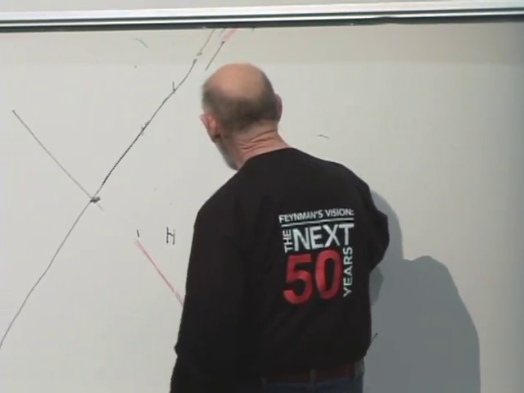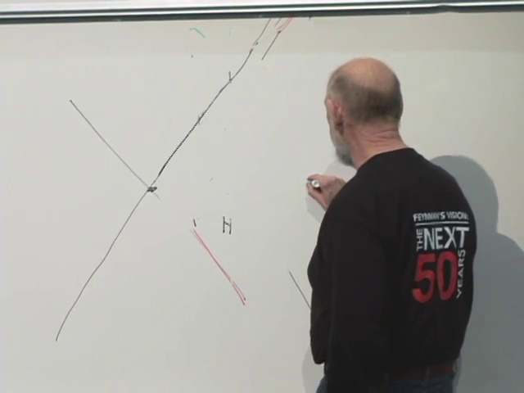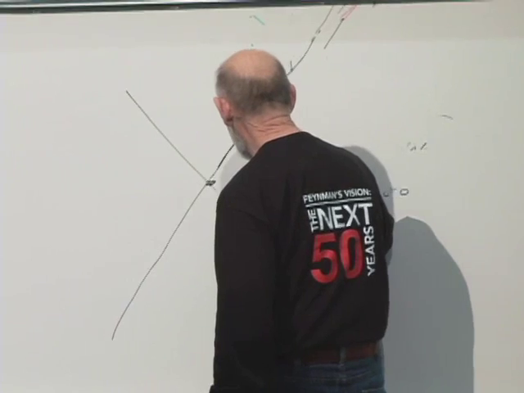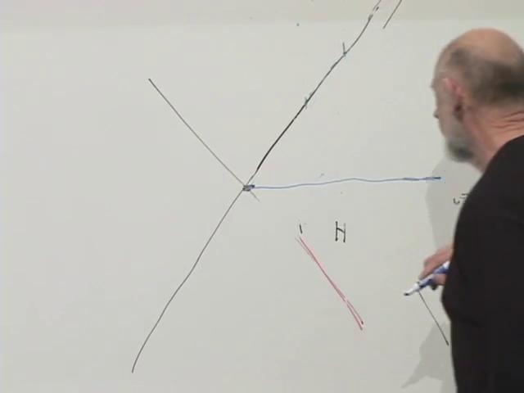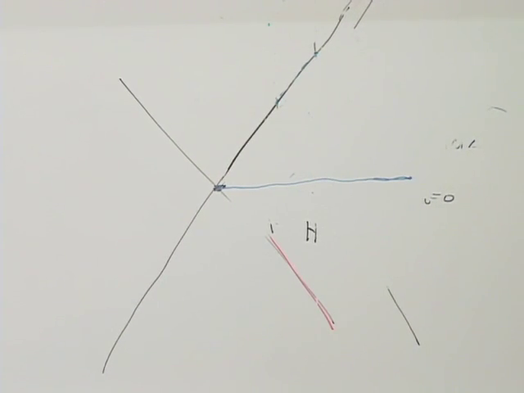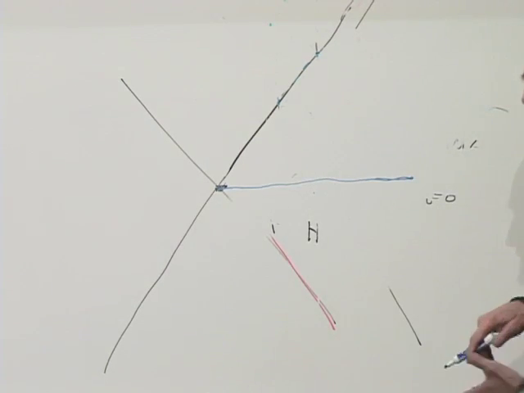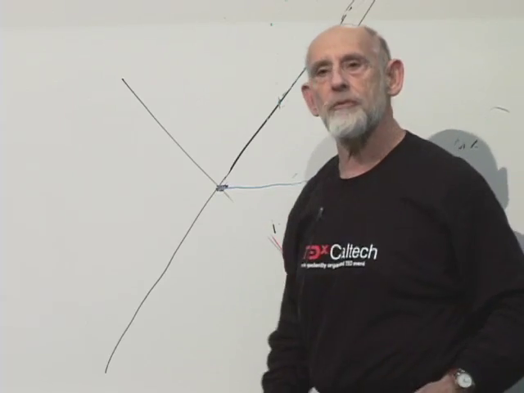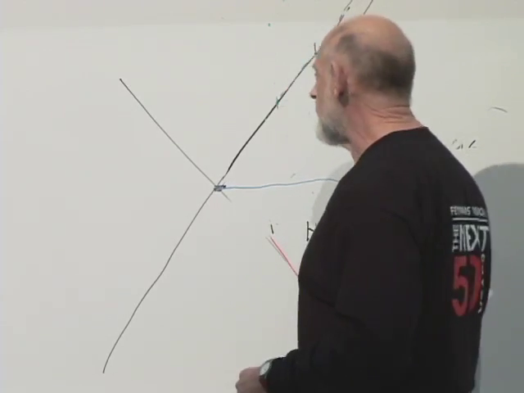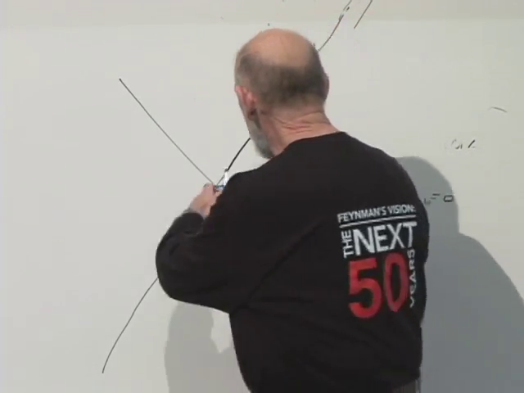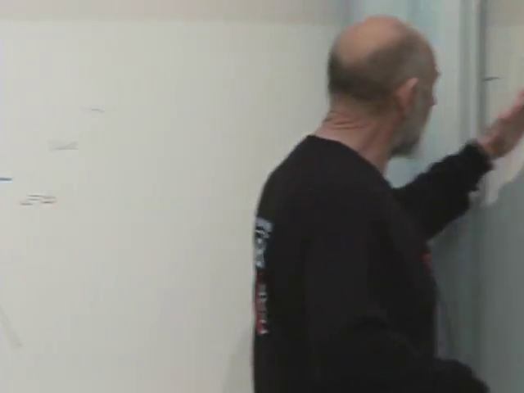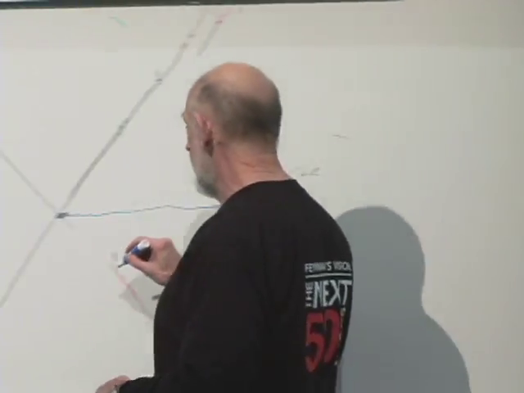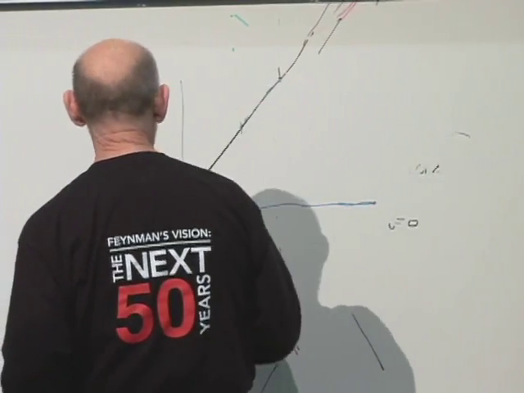If you were to move in along a surface of constant time toward the horizon, r would be decreasing, decreasing, decreasing, until it gets to 2mG. And then where does it go from there? Then suddenly, when r gets past the horizon, it becomes a time-like coordinate. r goes up that way.